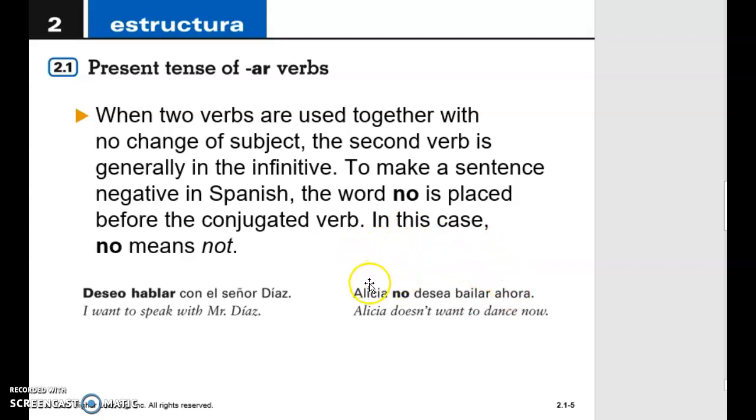Then I'm going to say, Alicia no desea bailar ahora. As you can see, we're going to plug in this no in front of the verb. We have another statement in here. Deseo hablar con el señor Díaz. Now, what about I don't want to? No deseo hablar con el señor Díaz. We're going to use that no in front of our verb.